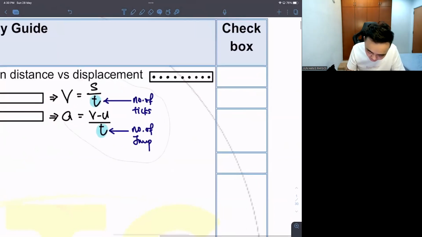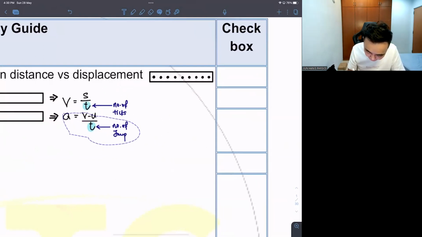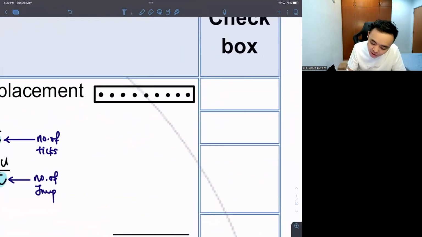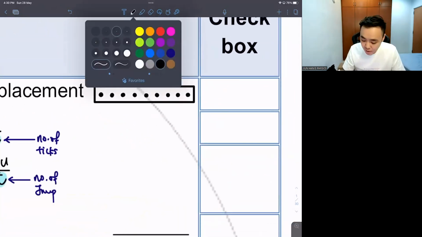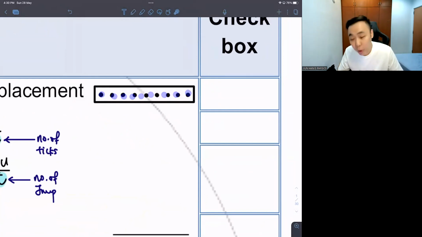You try and count. I make it bigger for you. How many dots? 1, 2, 3, 4, 5, 6, 7, 8, 9. 9 dots, right?